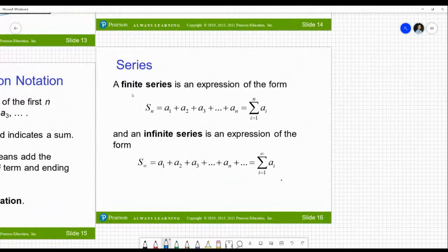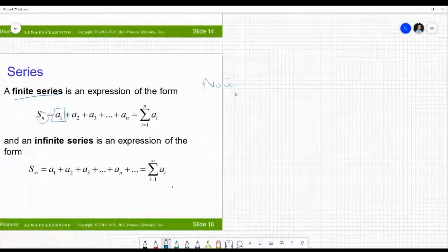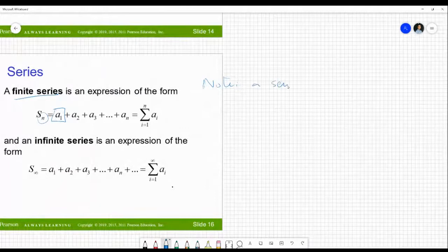So a finite series means that you add finitely many numbers. Notice that a finite series always starts with 1. Okay, so note, a series always starts at 1.